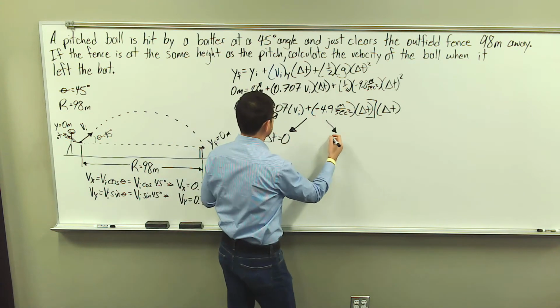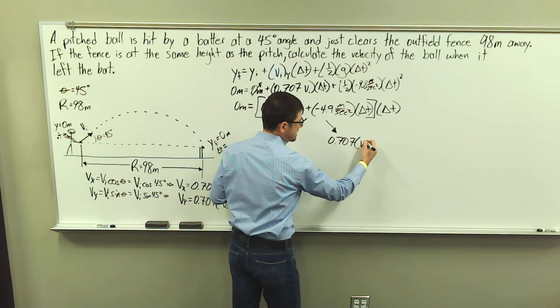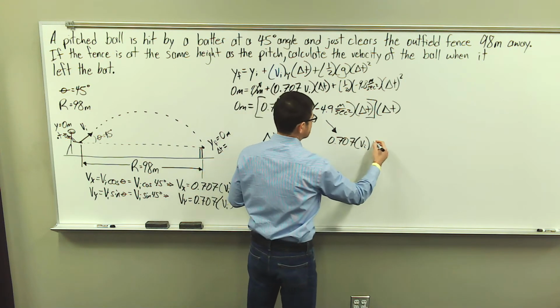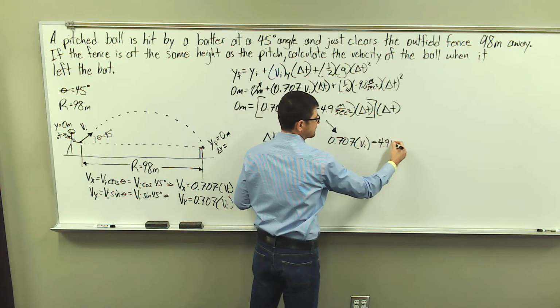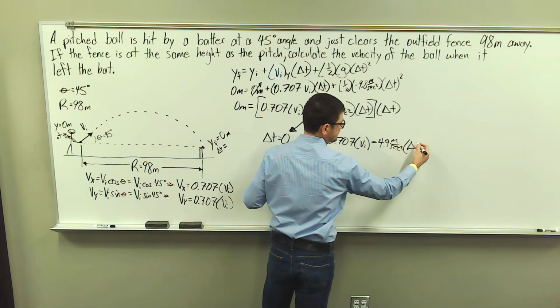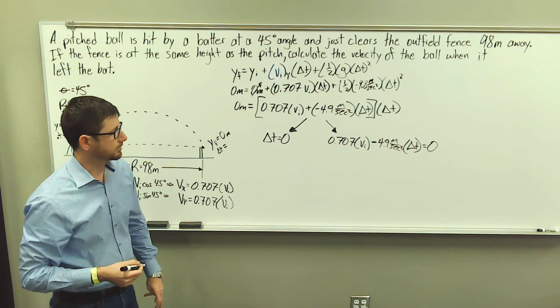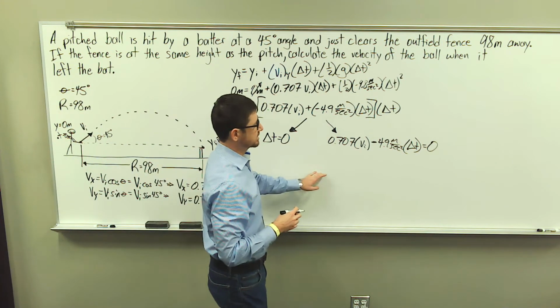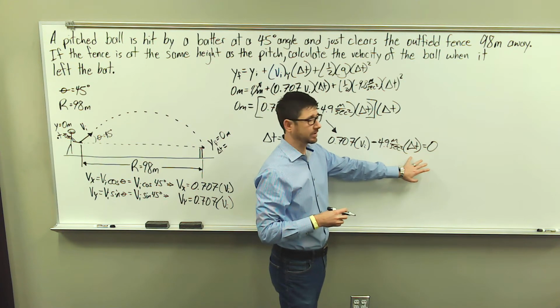So what we have is 0.707 times v sub I plus, or we can say minus, 4.9 meters per second squared times delta t is equal to 0, okay? Now what we want to do at this point is isolate delta t. So we need to solve for delta t.